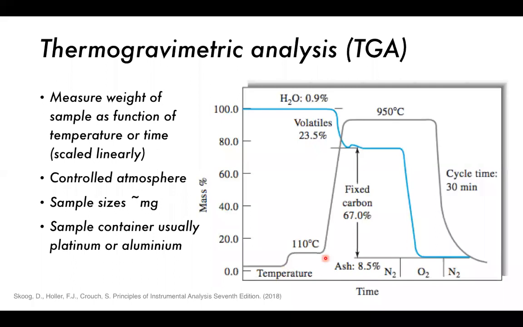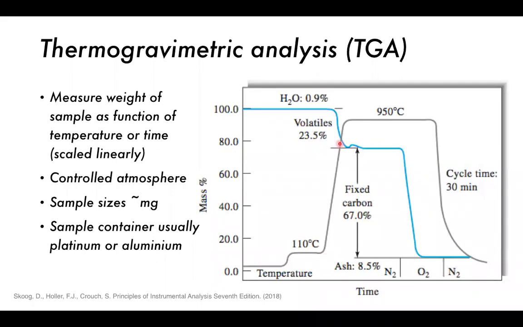We don't stay at 100 degrees Celsius because there can be some barrier to the desorption of that water. Usually that water is fixed to our sample through some interactions between the water and the sample. So the temperature needs to be a little bit higher to give that extra energy so that the water can evaporate. If it's kept at 100 degrees Celsius, there's a chance that the energy we are supplying to the sample is insufficient.